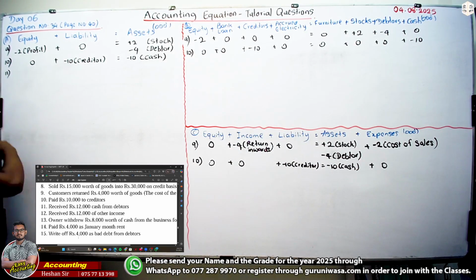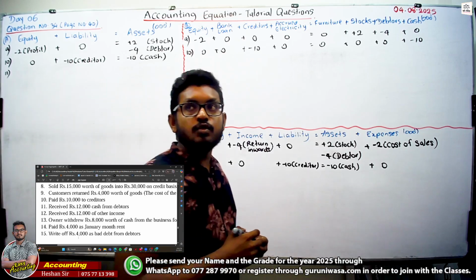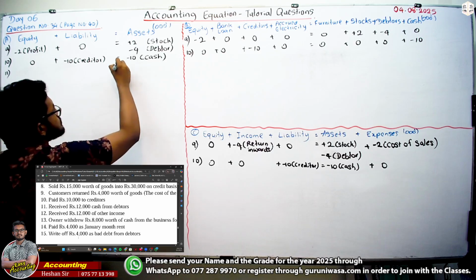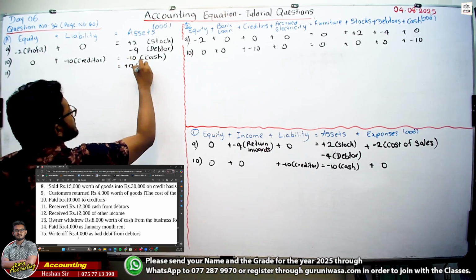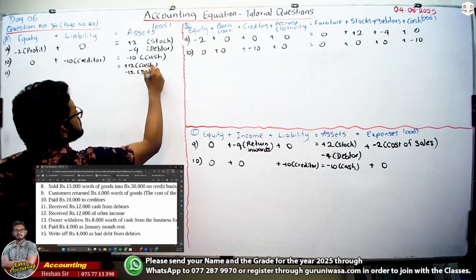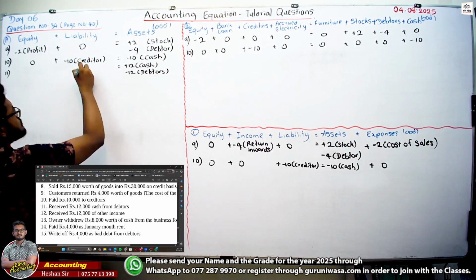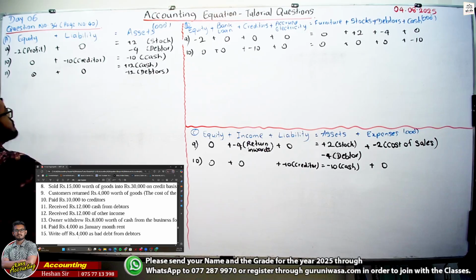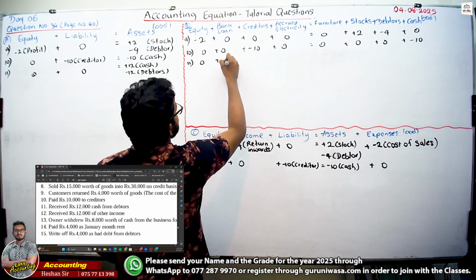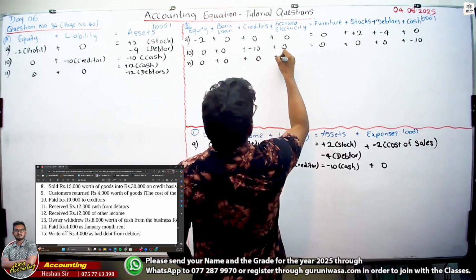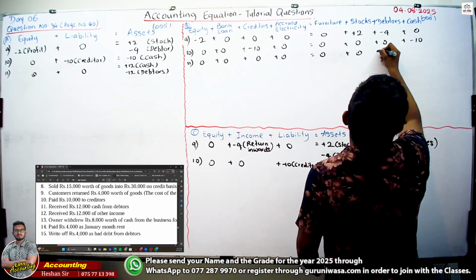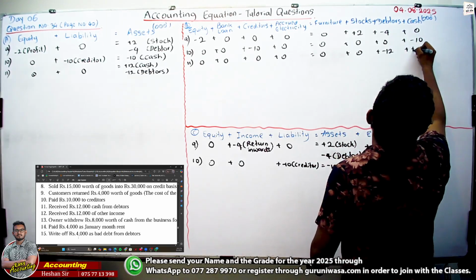Number 11. Receive 12,000 cash from debtors. 12,000 cash, minus 12,000 debtor. Minus 12,000, plus 12,000.